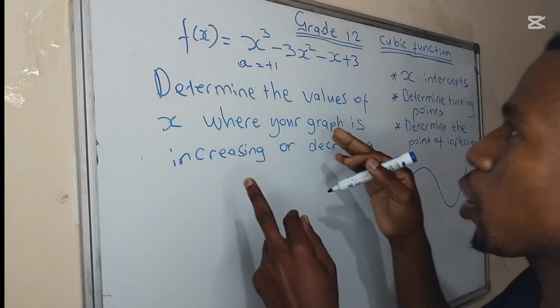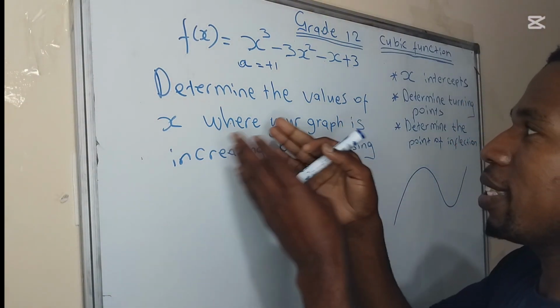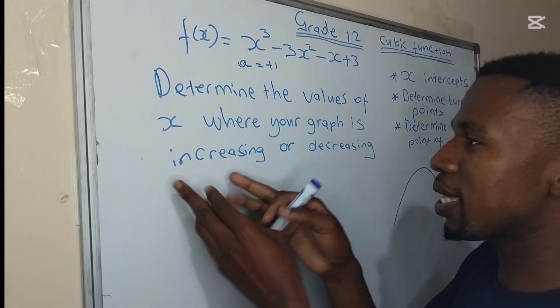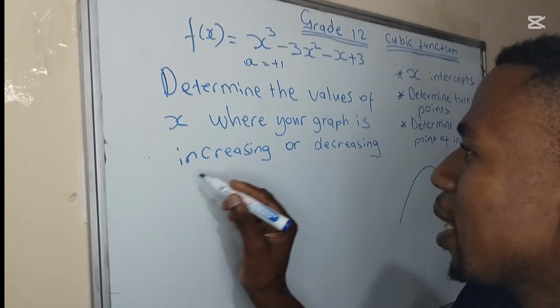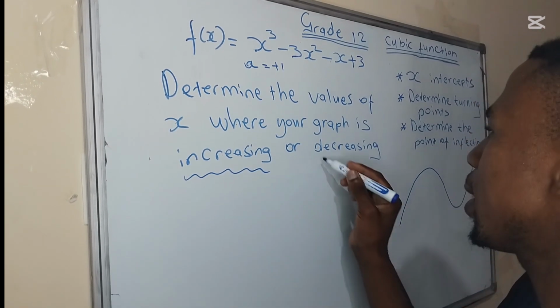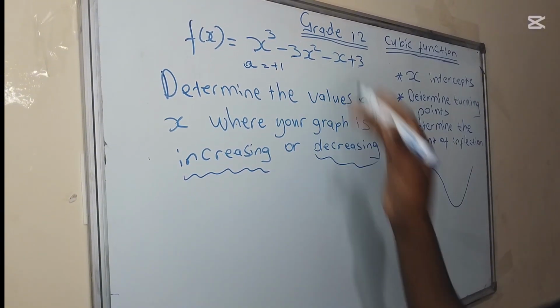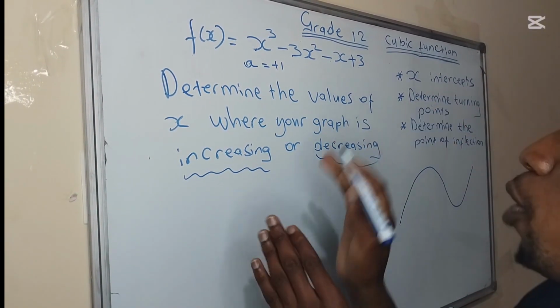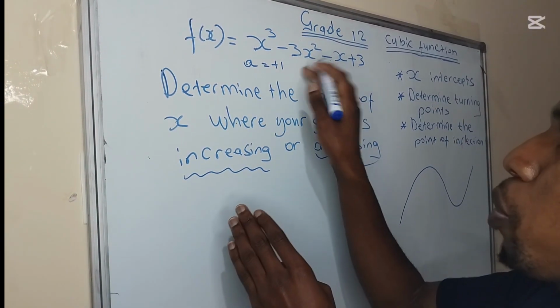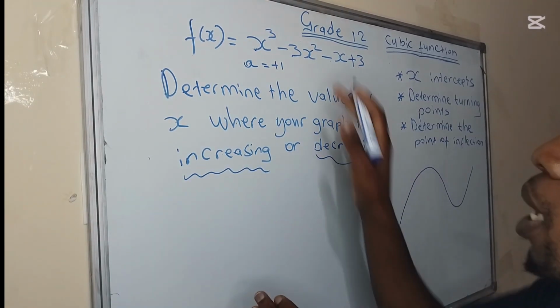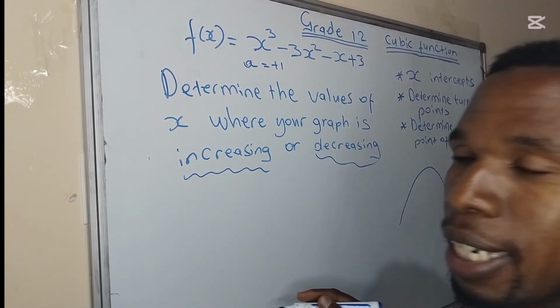So let's answer the question that says determine the values of x whereby your graph is increasing. Our focus is on increasing and also decreasing. Before we answer this question, let's firstly find our turning points.